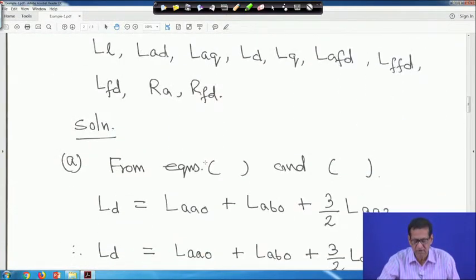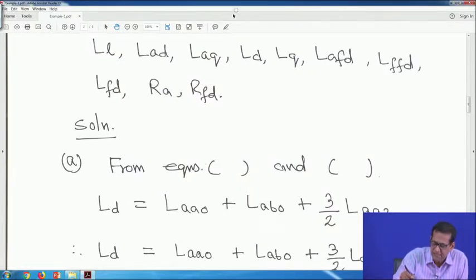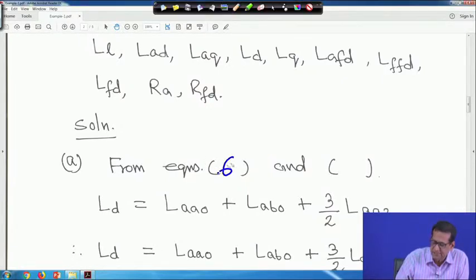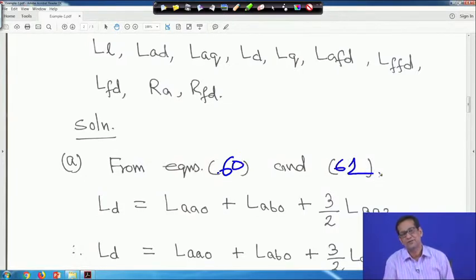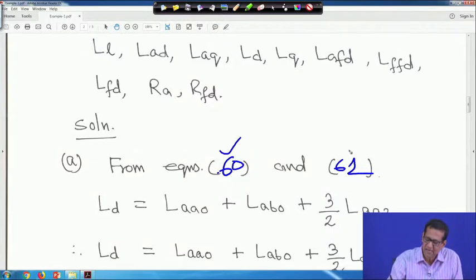Now the solution. From equation, I forgot to write the numbers, but I am writing them: this will be equation 60 and this will be equation 61. So LD is equal to LAA0 plus LAB0 plus 3 by 2 LAA2.